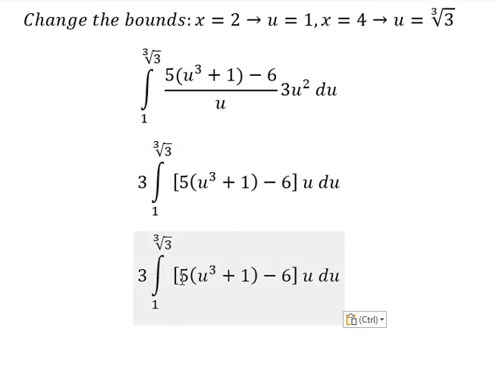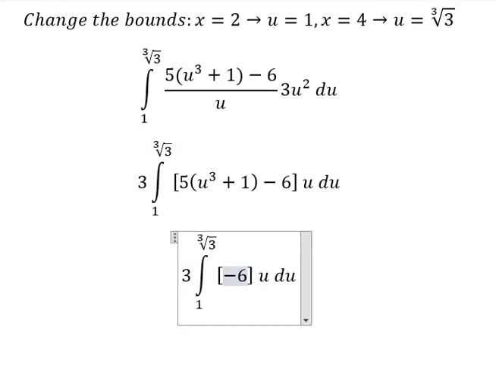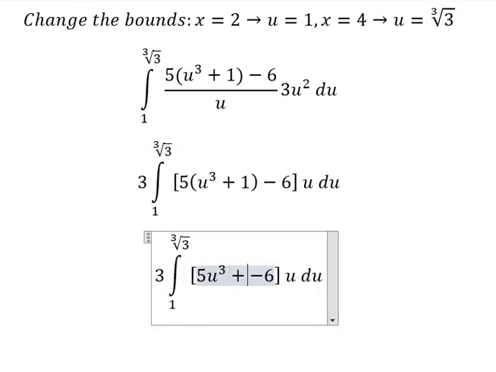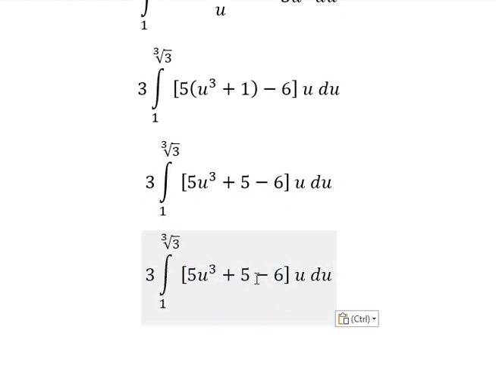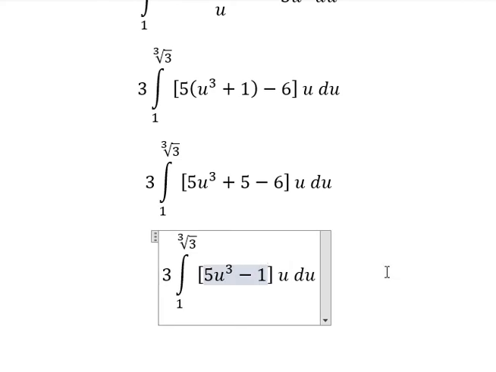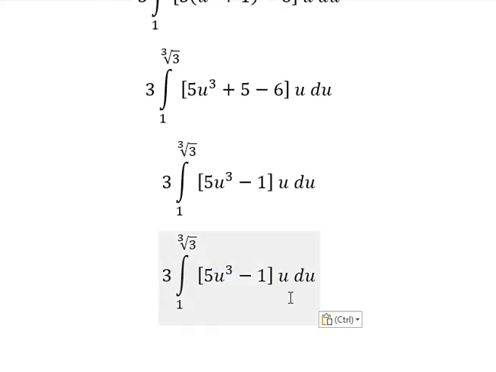Next, we need to expand this one. So 5 minus 6, we have negative 1. And then u multiplied by u to the power of 3 and 1.